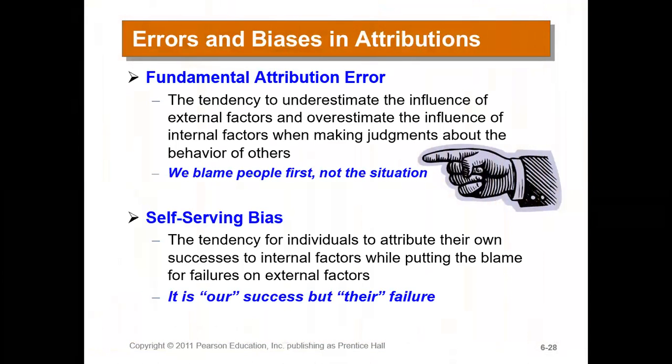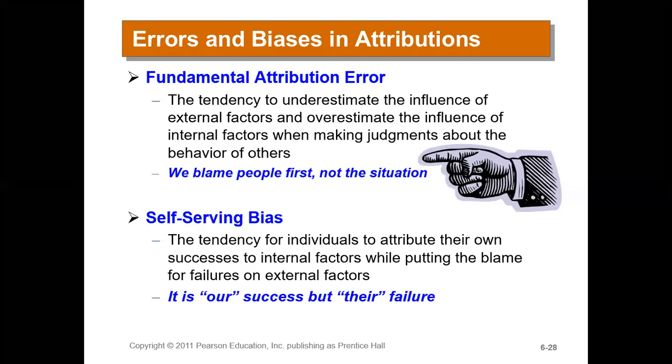So what do all these judgments do? Like the way we saw attribution theory, how is it related to making judgments? We all make errors and biases based on attributions. The first error that we often make when it comes to decision making is called the fundamental attribution error: the tendency to underestimate the influence of external factors and overestimate the influence of internal factors when making judgments about the behavior of people.